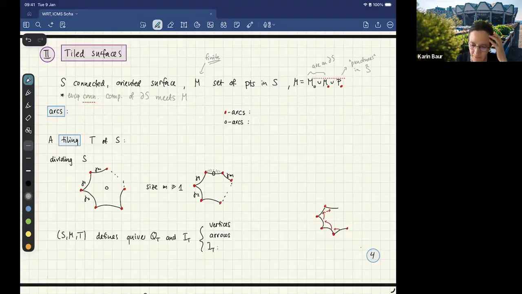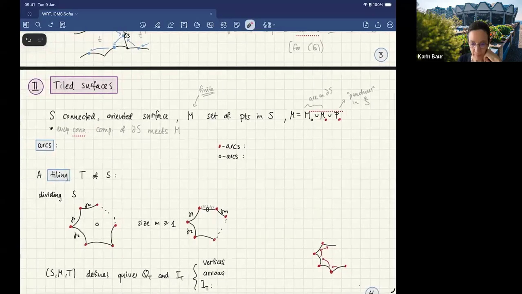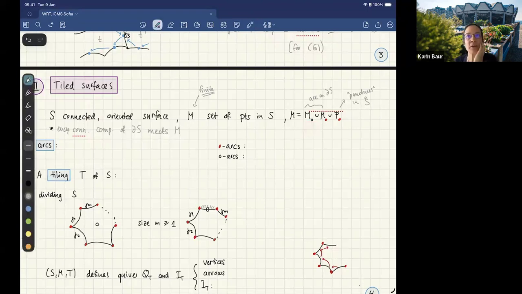Okay, well, there are these colors. I don't know whether you see that well, but my points, the punctures always are red and filled out. On the boundary, we have red filled out and circles not filled. The arcs can connect red points or these empty circles, and then I call them red arcs or circle arcs.